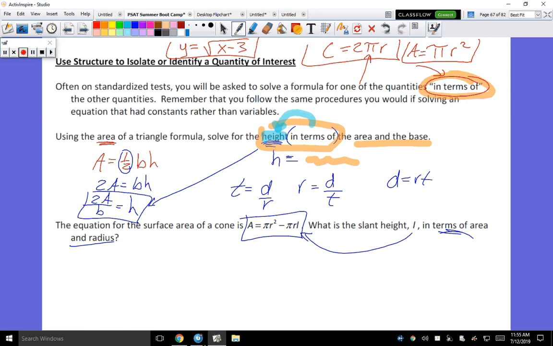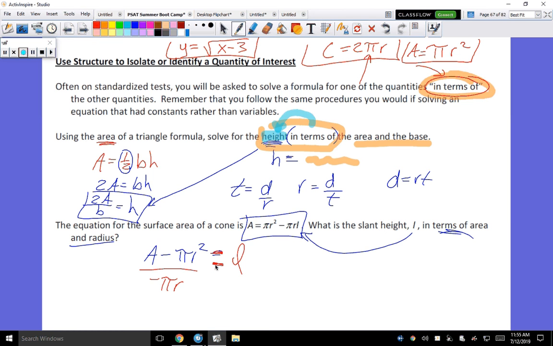So you could subtract the pi r squared. And then what? Divide by negative pi r. Now you have L written in terms of A and r, not pi. Cool?